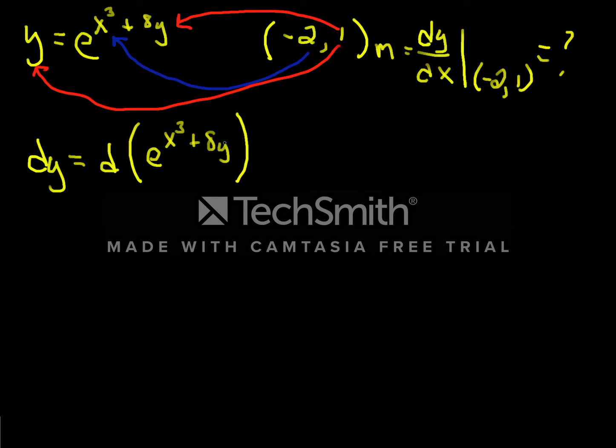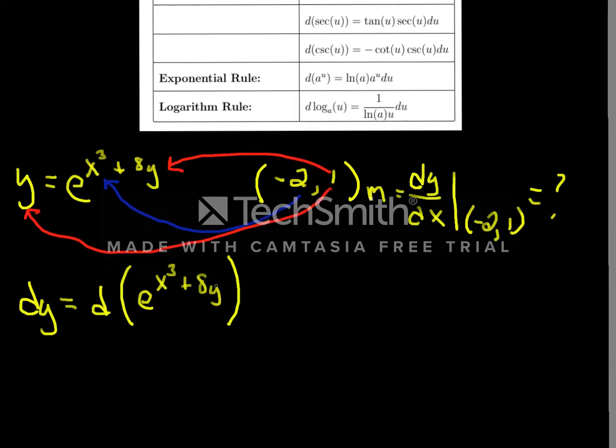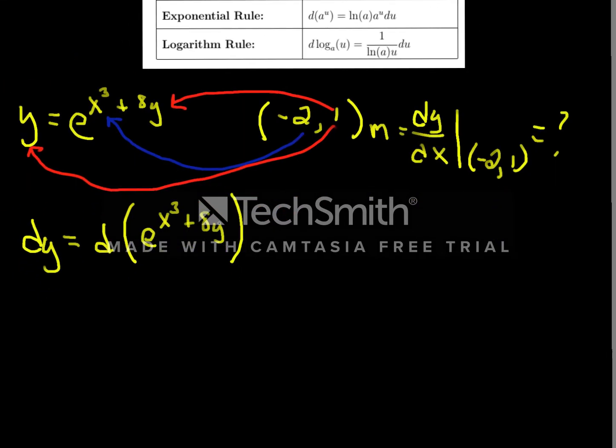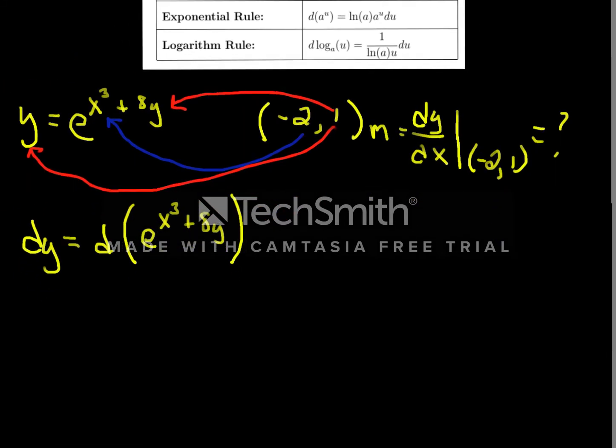But the right-hand side, we're going to have to use our exponential rule. The exponential rule says that if I have some base, in this case our base is e, being raised to the u, which is some function, then we get ln of our base. In this case, ln of e is 1, so that'll be a 1. And then we just get a to the u times the differential of whatever was up in the exponent.